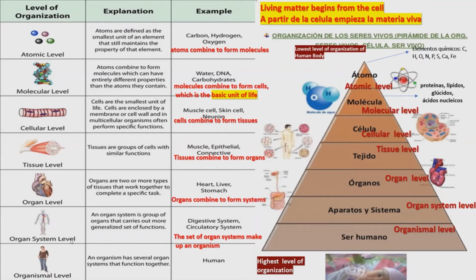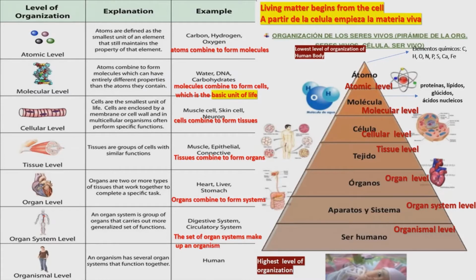The organ system level is a group of organs that carry out a more generalized set of functions. Examples of organ systems are the digestive system and the circulatory system. And a set of organ systems makes up an organism.